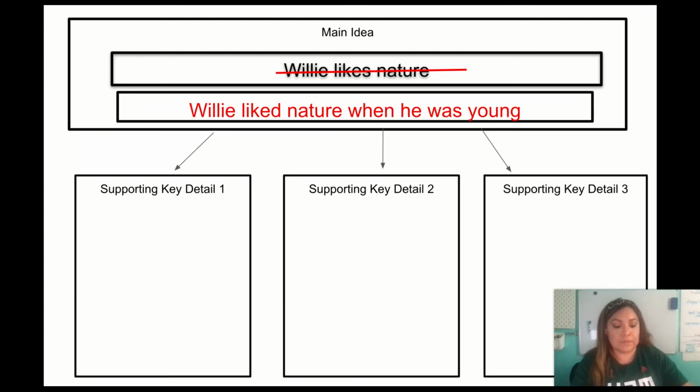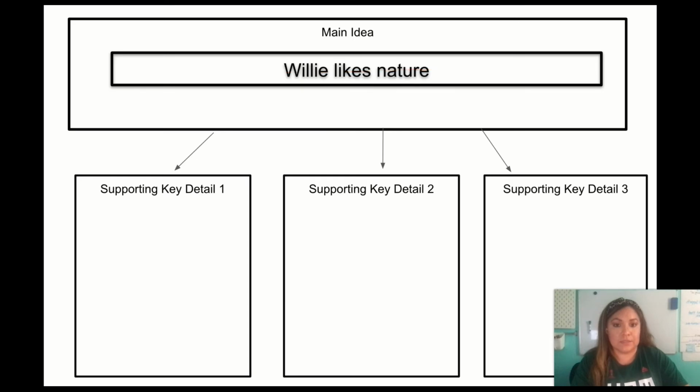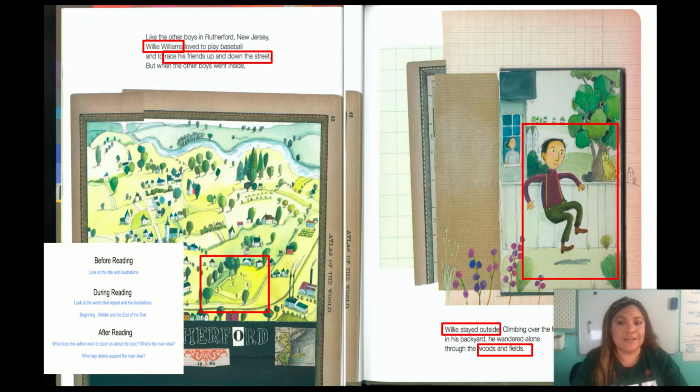Now, let's go back to the page. So, I'm going to read my text another time, and this time I'm going to look for words or sentences that tell me more about the main idea. So, again, more key details that support the idea that Willie liked nature when he was young.